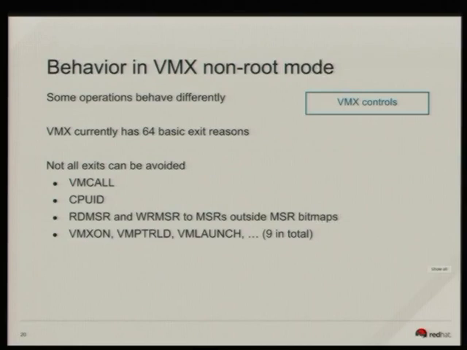And then there are MSR reads and writes, because there's a lot of MSRs. Not all of them fit into our MSR bitmaps that say don't care about these MSRs and just write them directly into hardware and back. Then accessing these MSRs is going to cause a VM exit.